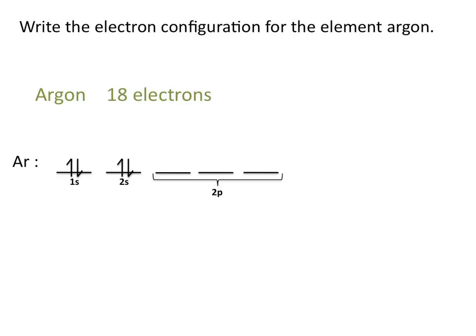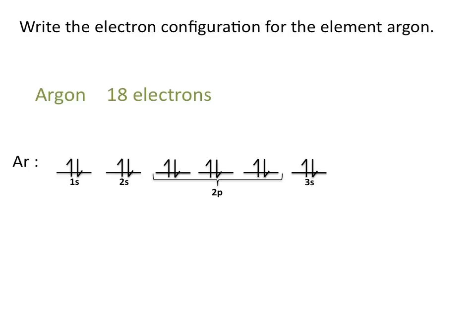The next orbitals we fill are the 2p orbitals, placing 1 electron singly in each orbital before pairing them up. So there's our 5th, 6th, 7th electrons, followed by the 8th, 9th, 10th electrons. After we fill the 2p orbital, we fill the 3s orbital, and here are our 11th and 12th electrons.